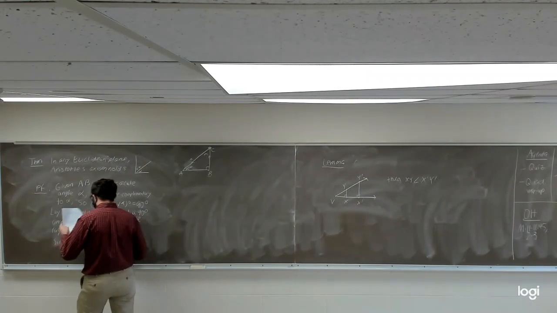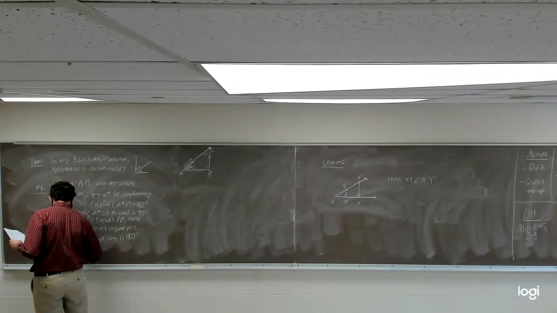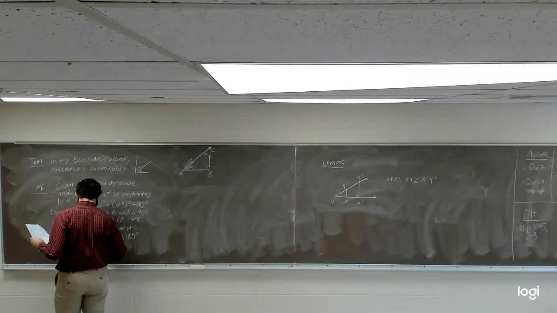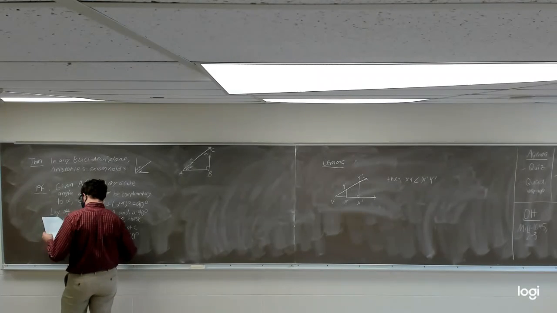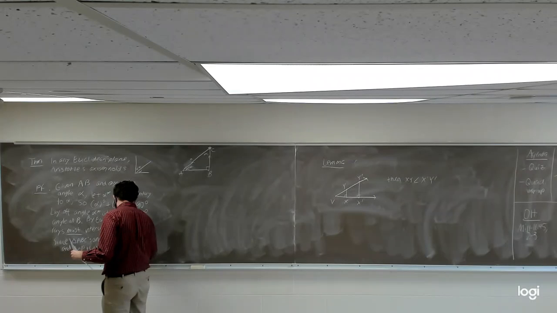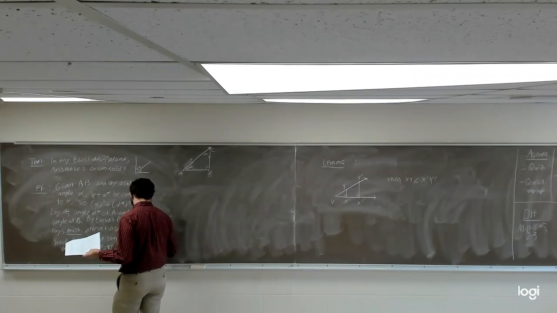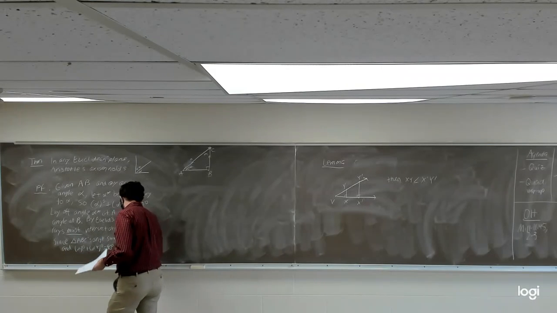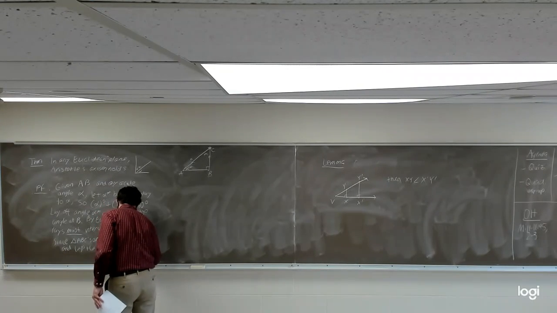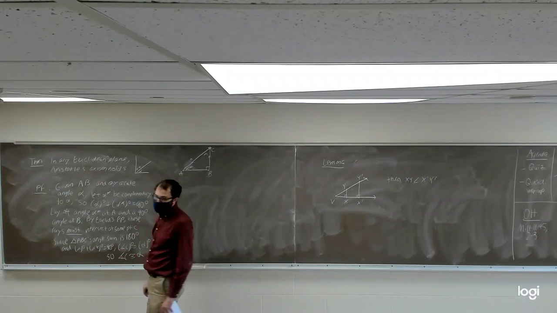Since that's 180 degrees, and alpha degrees plus alpha star degrees equal 90 degrees, that tells us our angle at C has the same number of degrees as alpha, which tells us that our angle at C is congruent to alpha.